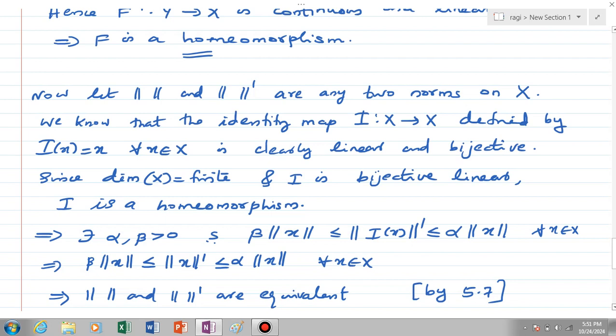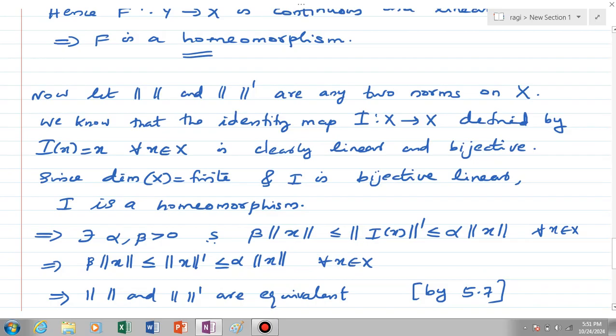Because we are considering two norms in the same space, on capital X we are taking as a domain X with norm and the codomain X with the norm dash. So I from X to X means I from X with the norm to X with the norm dash. So norm of I of x means norm dash of I of x.